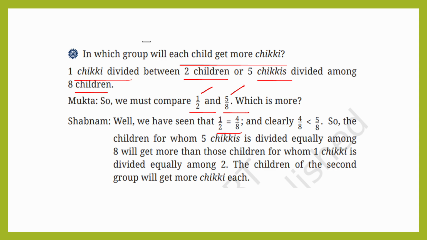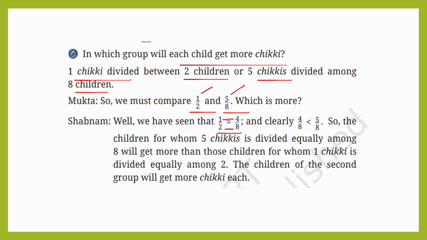How can you convert this 2 to 8? Multiply by 4. 2 into 4 is 8. So you have to multiply both numerator and denominator by 4. So 1 by 2 is 4 by 8. See, 2 into 4 is 8. 1 into 4 is 4. So half is same as 4 by 8.